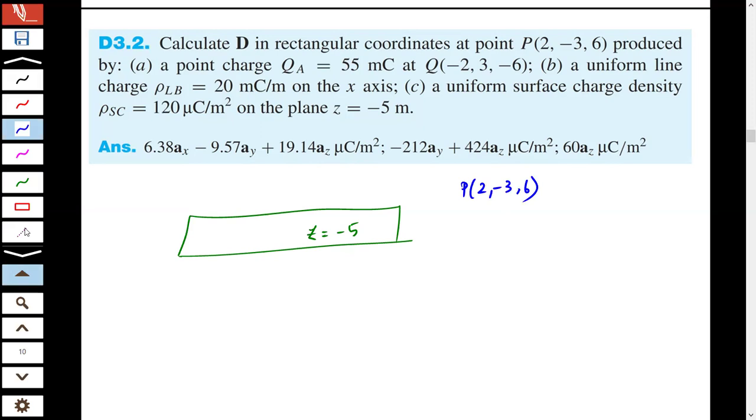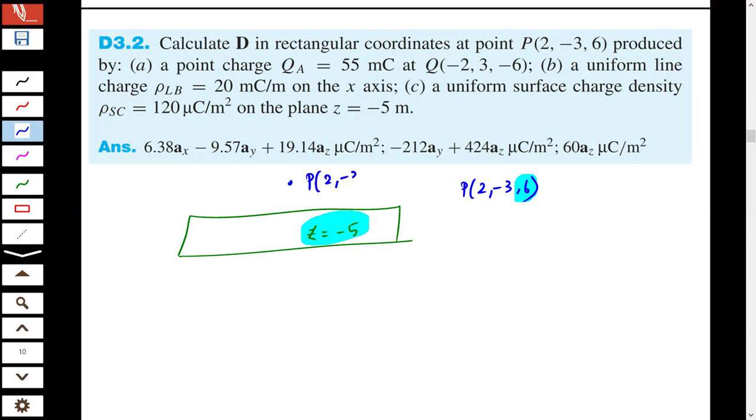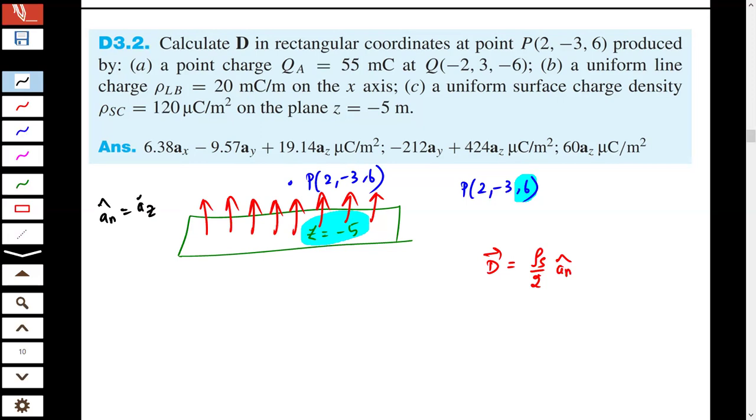The plane of the surface charge is z equal to minus 5 and this value is 6, so point P will be lying above this sheet. The formula for flux density due to surface charge is rho s by 2 a n cap. When we draw the flux density vectors from the sheet to the point P, it will go in the positive z direction. I can write a n cap as the positive z direction.